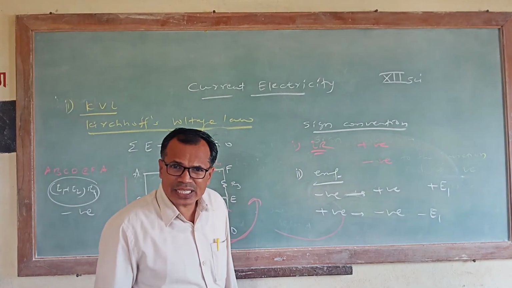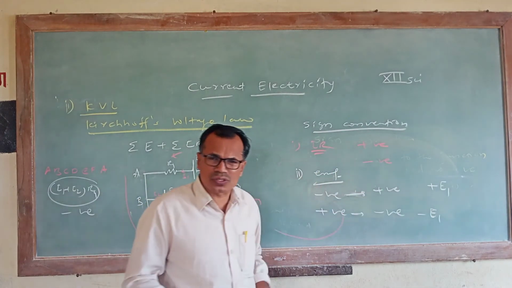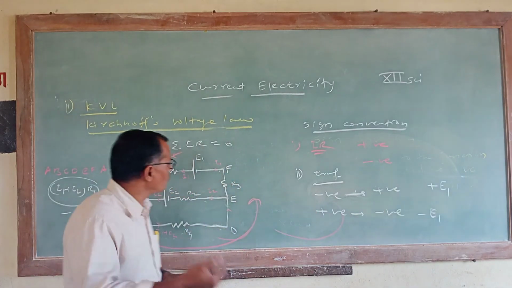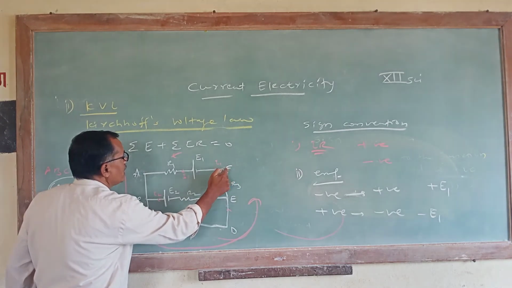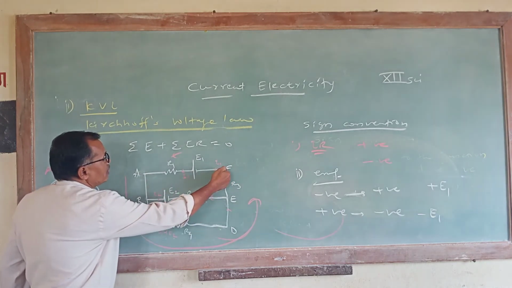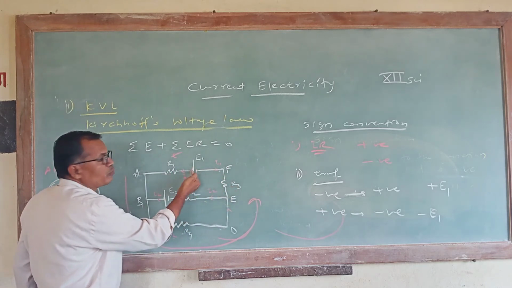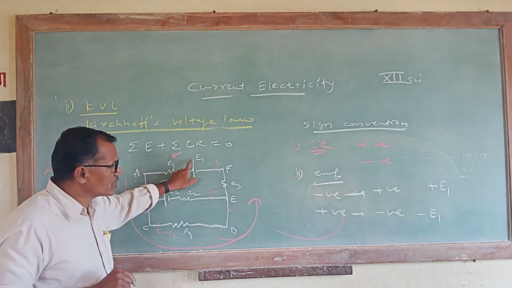That is, the direction in which we trace the loop shows whether the EMF is positive or negative. Suppose you are moving along the path F to A, then the direction of the loop is from negative to positive, so the EMF E1 is taken as positive.